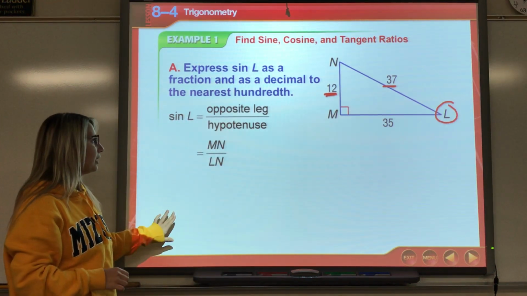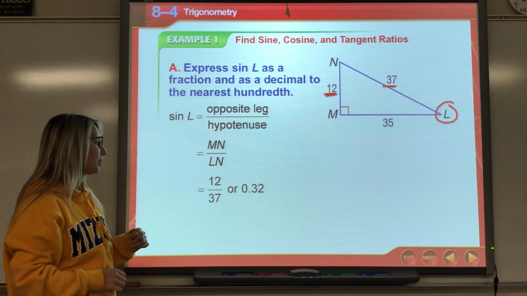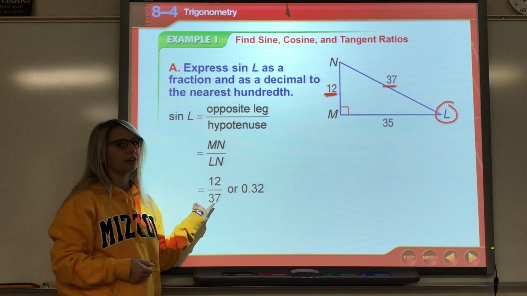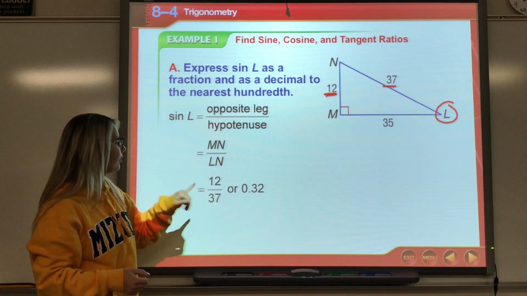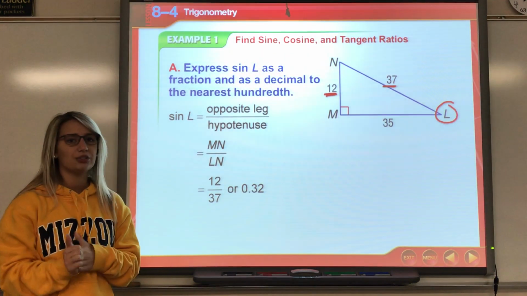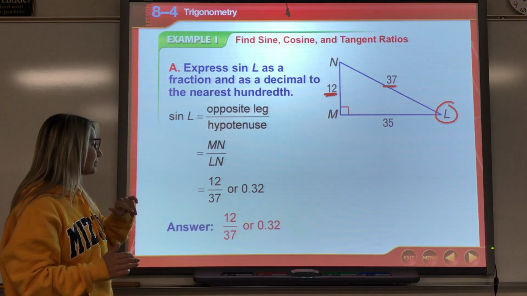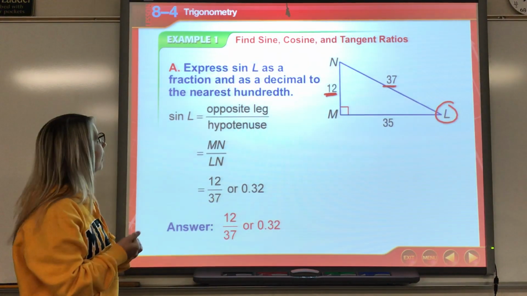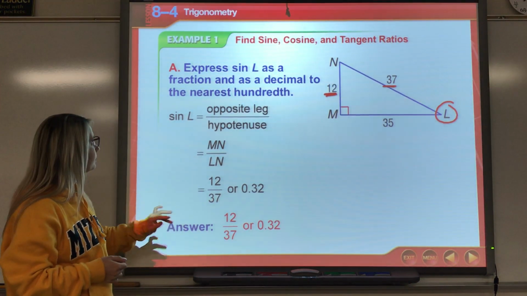So we plug in these numbers. Our fraction would be 12 over 37, and for the decimal you just do it on your calculator really quick and we get 0.32. So the answer is written in the fraction form and the decimal form.